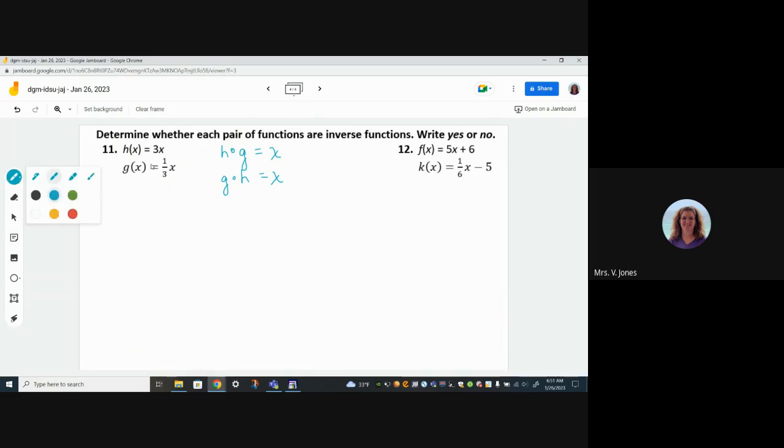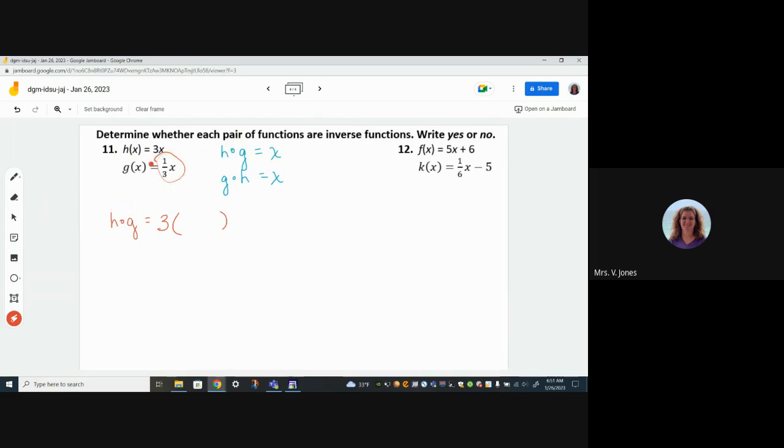All right, so I'm going to take h of g. So remember, you take the function g and you plug it into h. So h is 3x, so it's 3 times stuff that we're going to put, like this is where the x is. So we're going to take whatever g is and we're going to plug it in there. This is your function g.